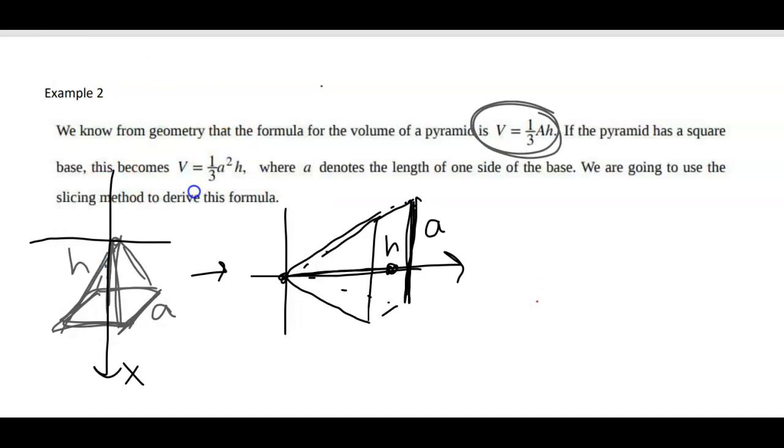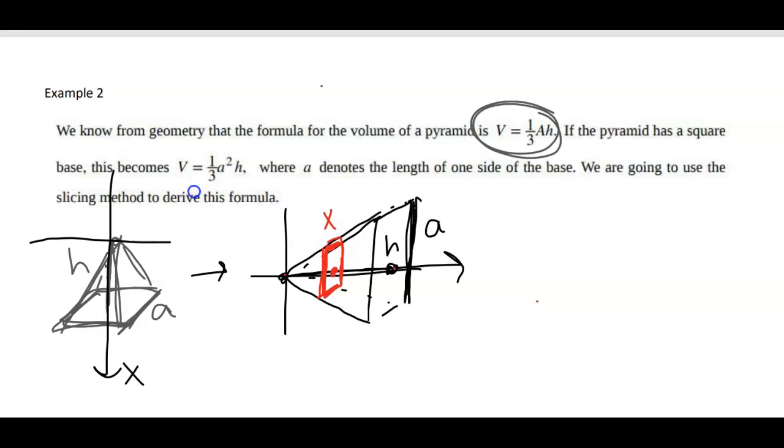But the question then becomes, what is this shape? It kind of looks like the volume of revolution that we were doing before, but it's not a revolution. Revolutions are circles. So I need to figure out what a representative piece in here might look like. Now, this length goes from 0 to h, so I'm going to call this just an arbitrary x.